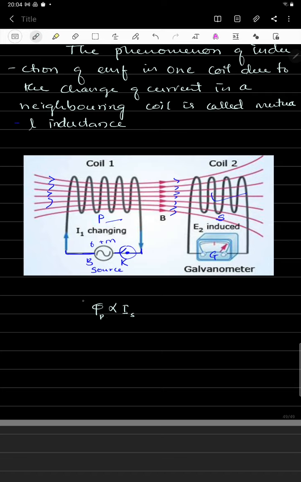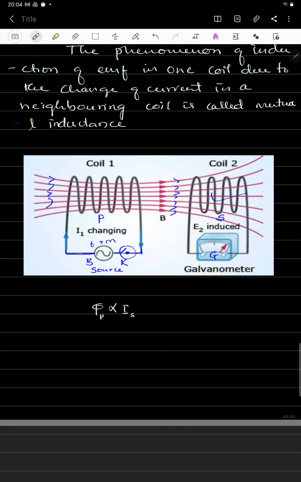I hope you are getting this point. This is the magnetic field produced in the primary coil. How much is produced there, that much induced current is going to be produced in the secondary coil. Therefore, the magnetic flux is directly proportional to the secondary coil current.